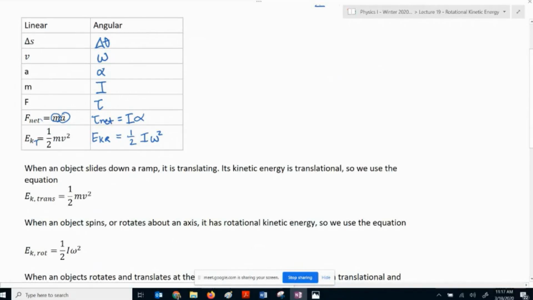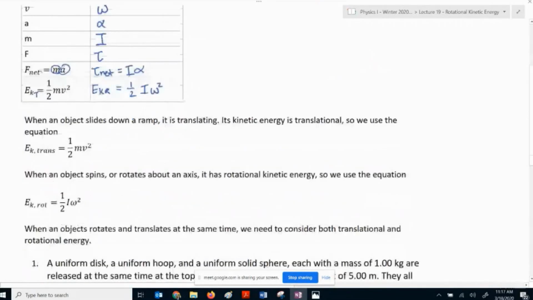So instead of the 1/2 mv squared, we're using 1/2 I omega squared. Sometimes, though, objects will rotate and translate at the same time. So let's say you have a ball that's rolling down a ramp. It's rotating, so it has rotational kinetic energy, but its center of mass is also moving down the ramp as well. It's also translating. So it has both translational and rotational kinetic energy.